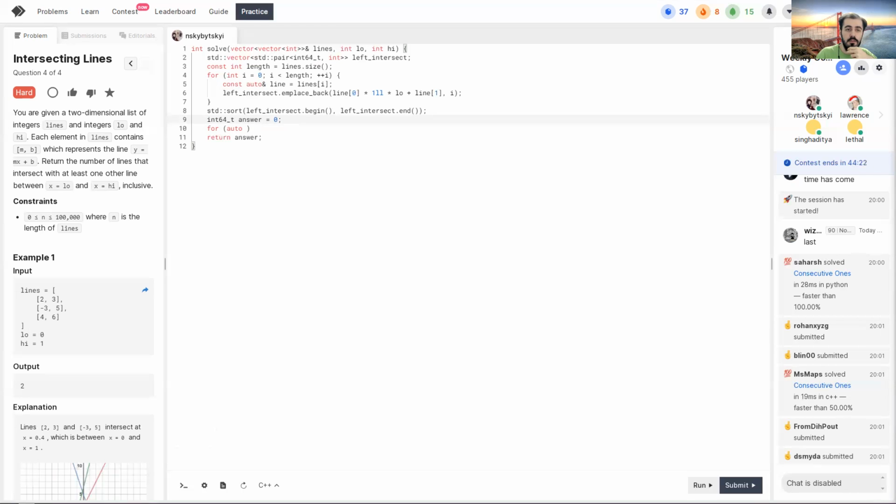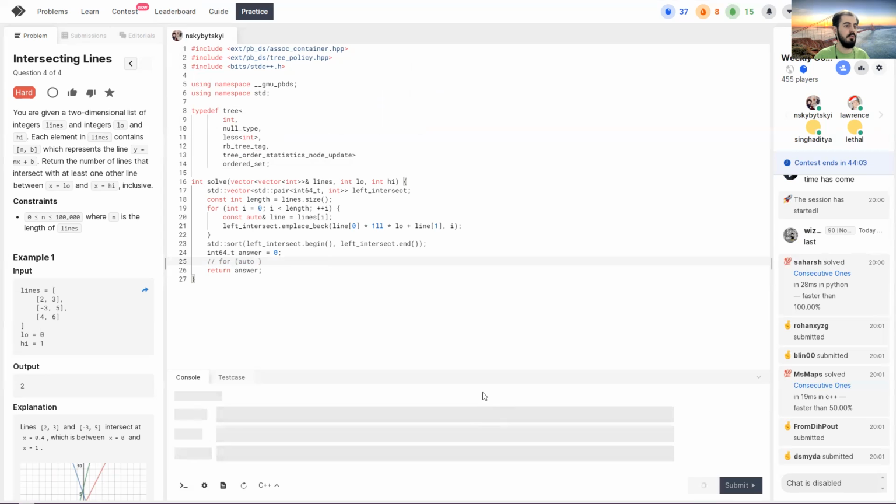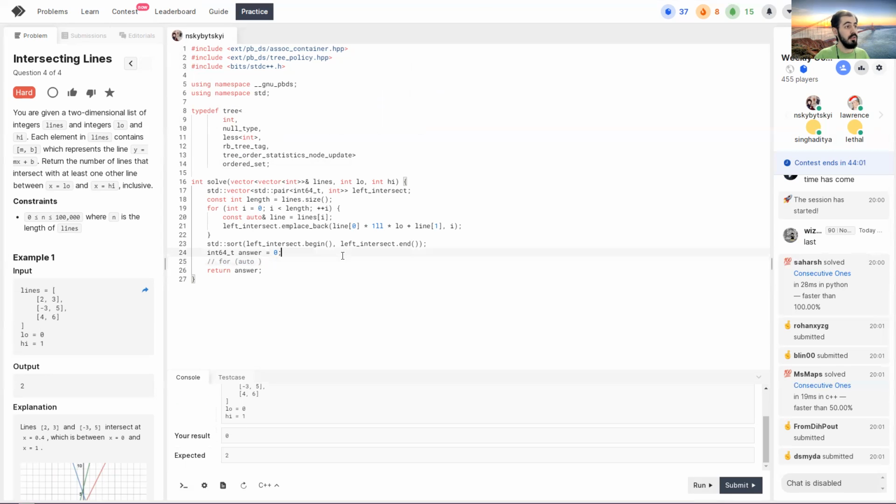Oh, I wanted to see my exact submission. Let's just give it a quick try whether it compiles or not. Obviously it won't compile here, but what about the rest? Okay, so it compiles.